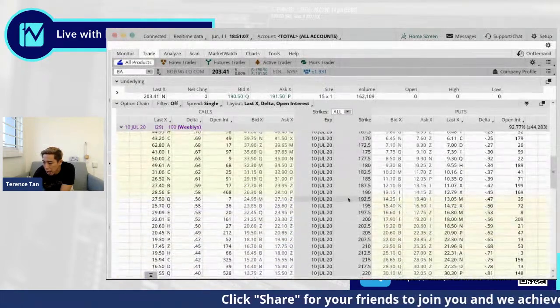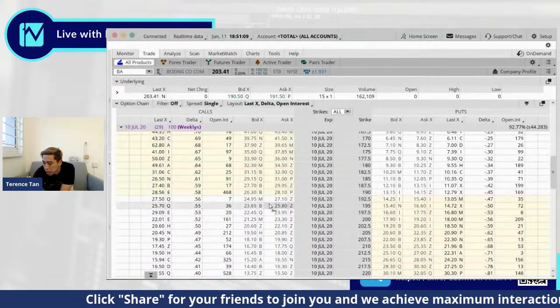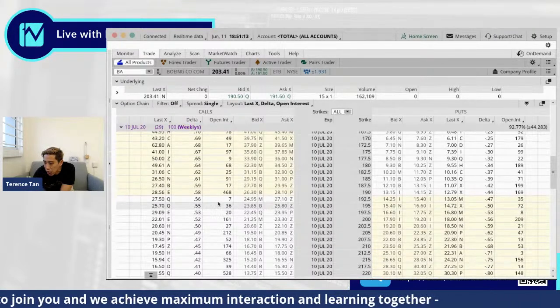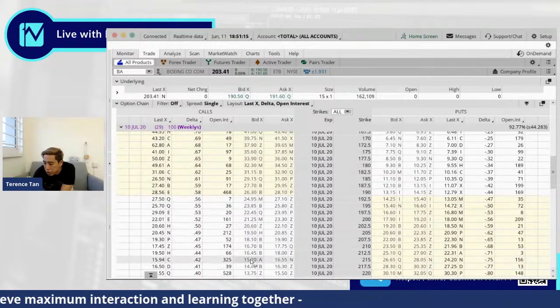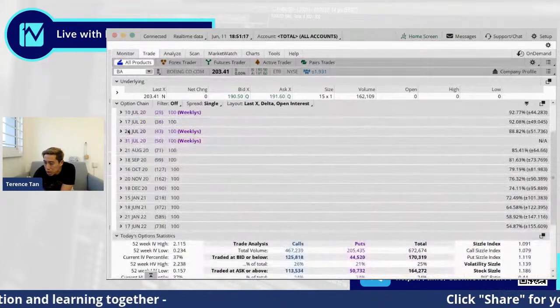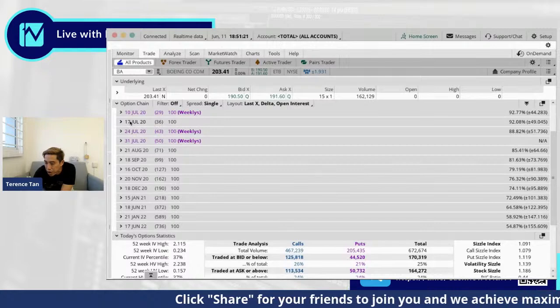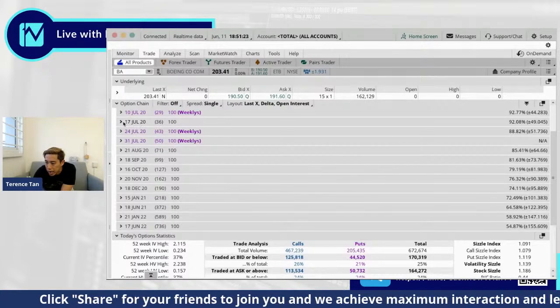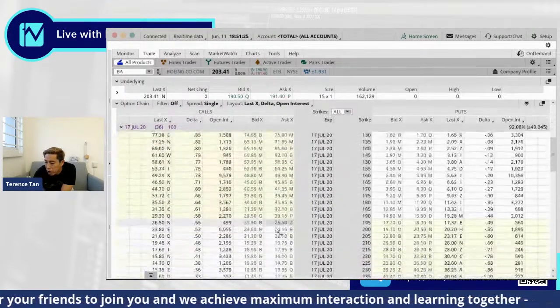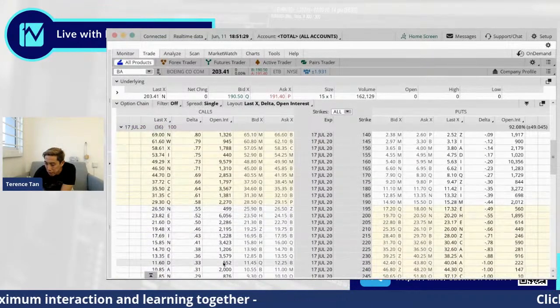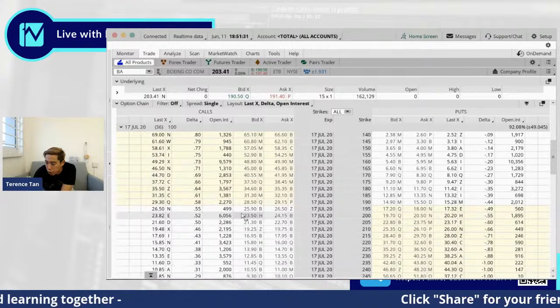I probably don't like this in terms of the bid-ask and also the option volumes being traded. So I'll probably stretch it all the way to the next month's expiry, which is the 17th of July, because the monthly expiry options usually bring better volume. As you can see, many more contracts are being traded here.